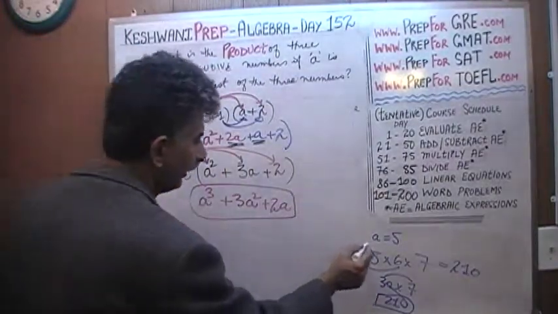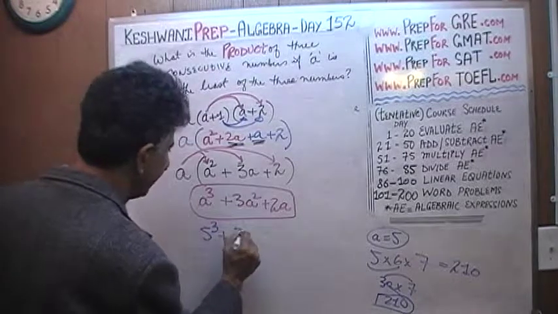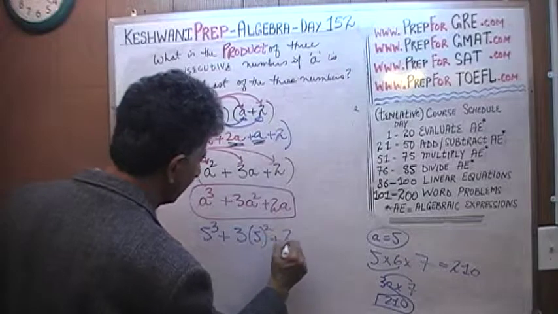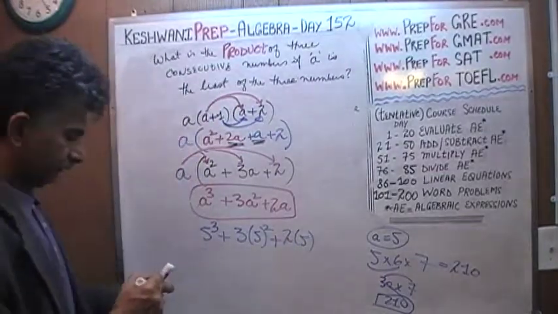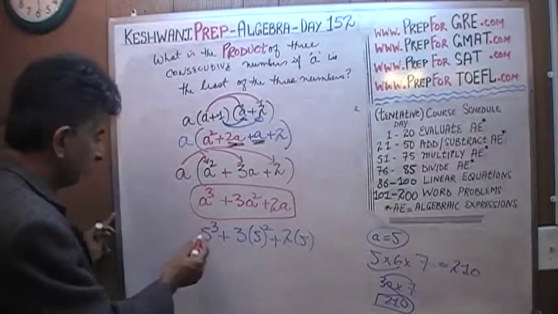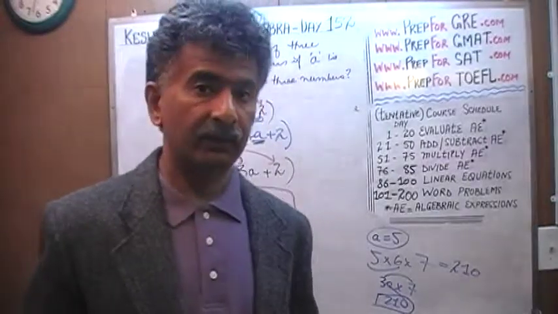So a cubed, our a is 5, so 5 cubed plus 3 times 5 squared plus 2 times 5. Let's see what it gives us. I hope it gives 210. 5 cubed. 5 times 5 is 25, and 5 25s are 125.